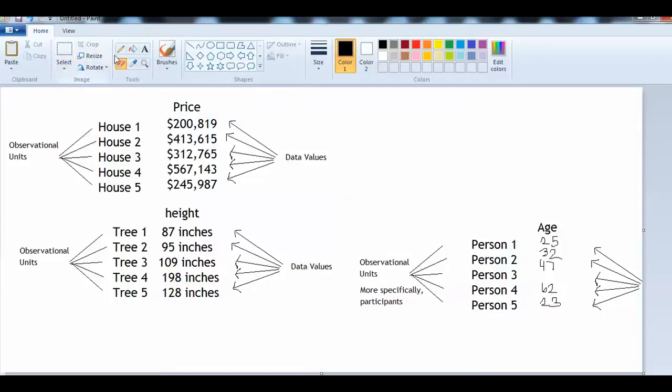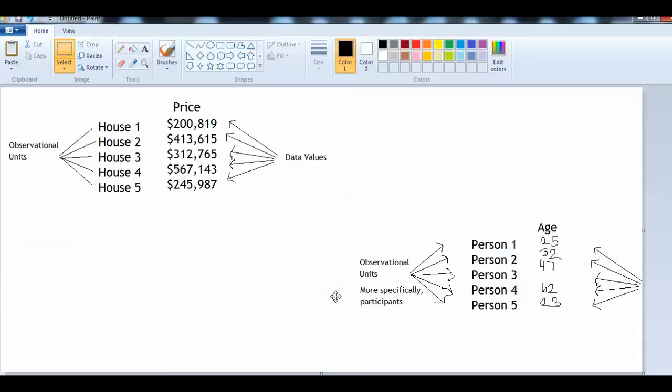So now we've covered the idea of an observational unit and how it's different from a data value, and we also covered the meaning of a participant. Now let's talk about what a variable means. So first I'm going to erase this example, since I don't think I'll be using it anymore, and I'll move this over here.